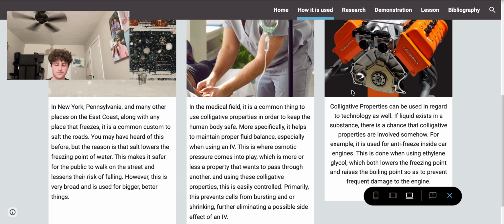Then a car motor is the most common technological example I've found through my research. It's a little confusing, so bear with me here, but essentially you have to first understand that ethylene glycol and water are used to create antifreeze, which stops your engine from freezing or overheating.